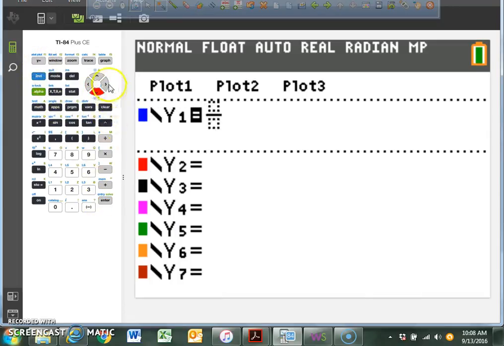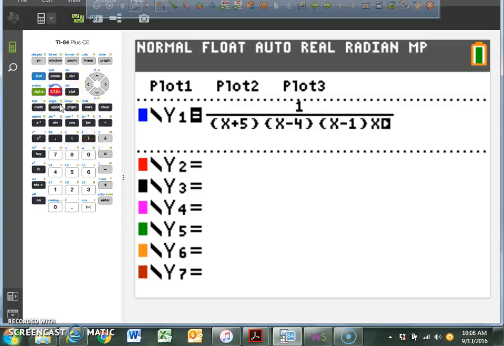I'm going to go down here. Put a 1 there. Go down here and put x plus 5. Not x 5. X plus 5 in parentheses. Then I have x minus 4 in parentheses. Open parentheses, x minus 1.